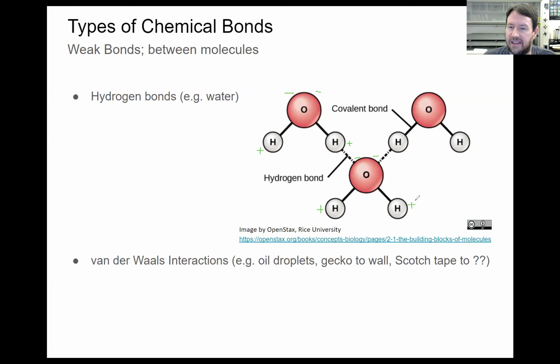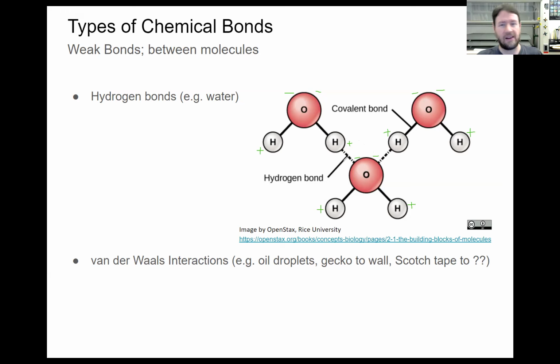I'm not drawing the little Greek delta to describe the partial charge, even though it really should be on there, but I'm lazy and I'm using my mouse to do this, so that would take a lot of time. But basically, there's a slight charge attraction between the hydrogen atom of one water molecule and the oxygen atom of a different water molecule. This is called a hydrogen bond, and it is a very weak interaction. And in liquid water, these bonds are being formed and broken constantly. So these bonds are very short-lived.